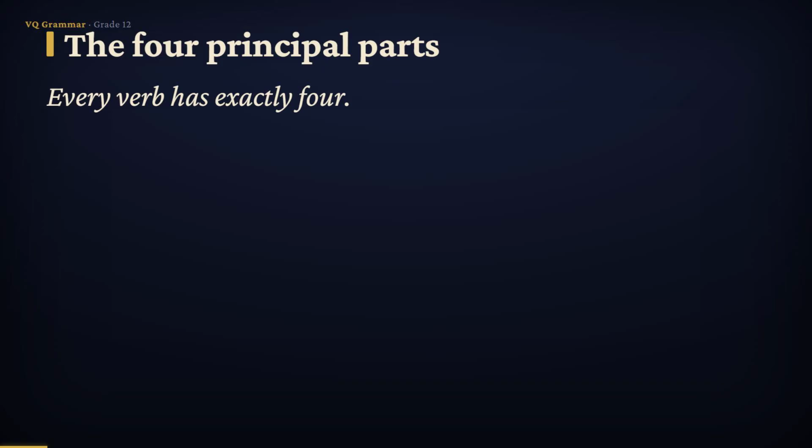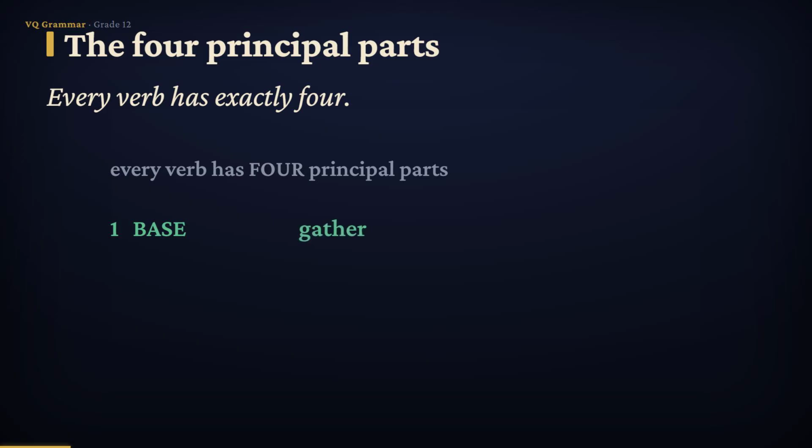Every single verb in English, the plainest one and the fanciest one alike, has 4 principal parts, just 4 forms, and every tense you will ever build comes out of them. Let's take the verb gather and lay all 4 on the table. Part 1 is the base form, gather. That's the verb as you'd find it sitting in a dictionary.